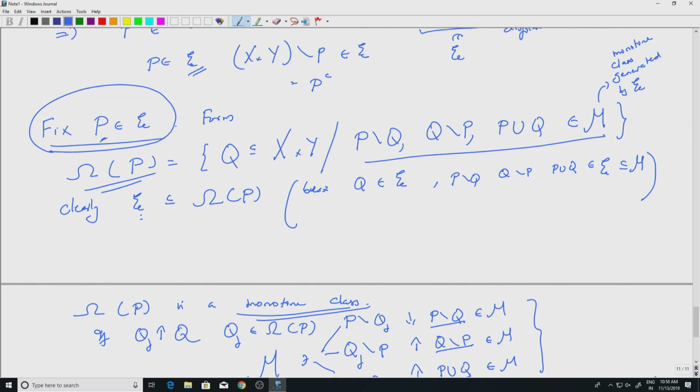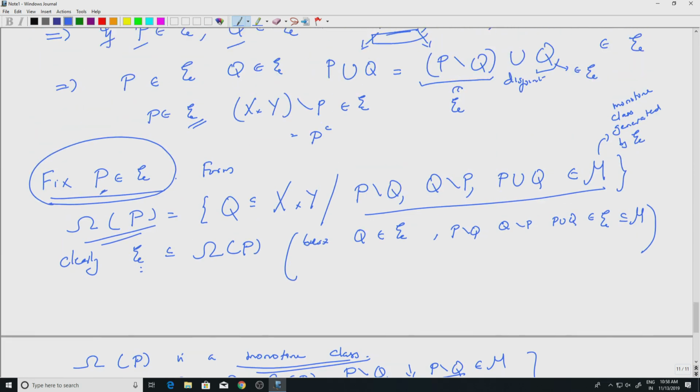So this is something you should clearly understand. We started with P in E. For P in E, we know P minus Q, Q minus P, P union Q are in M, where Q belongs to E.